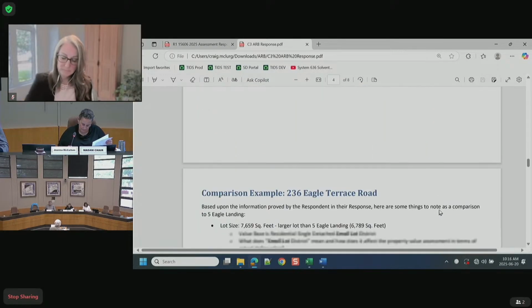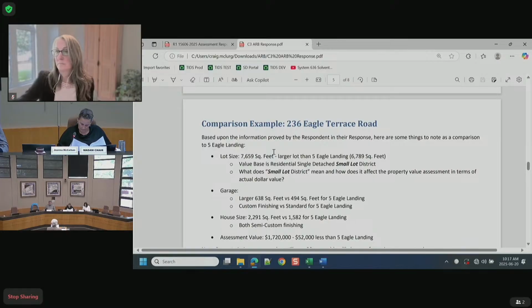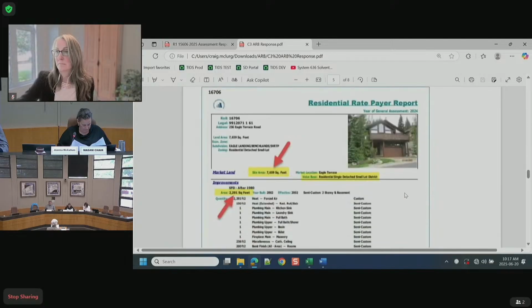As a comparison, one of the other properties that was comparable was 236 Eagle Landing Road, or Eagle Terrace Road. Its lot size is much larger than Eagle Landing, but the value base, as shown on the ratepayer report, is a residential, single detached, small lot district.